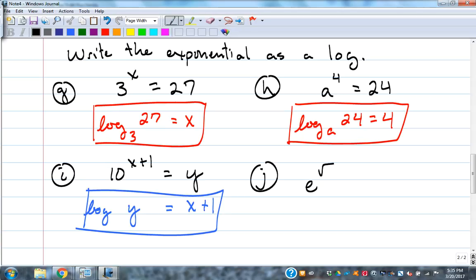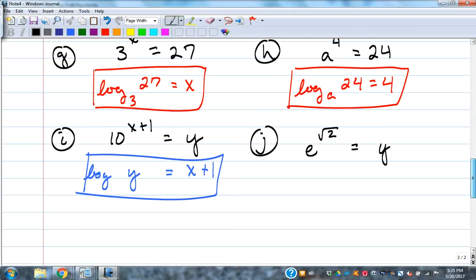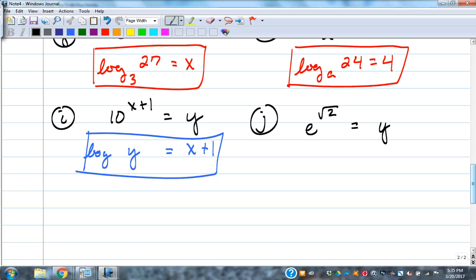e to the square root of 2 is equal to y. That's a fun one. e turns into what? What's the log that goes with e?